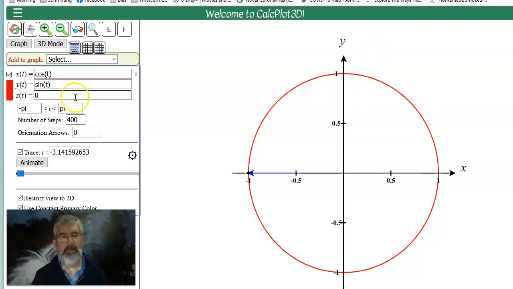I'm starting with your standard unit circle, x equals cos t, y equals sine t. I have it plotted from minus pi to pi at the moment. Again, with these parametric equations, you can't really see the t values, right? Because you take a value of t, you calculate x and y, or if you're in 3D, x, y, and z, and you just see the x and y.